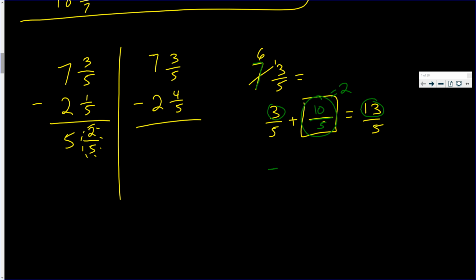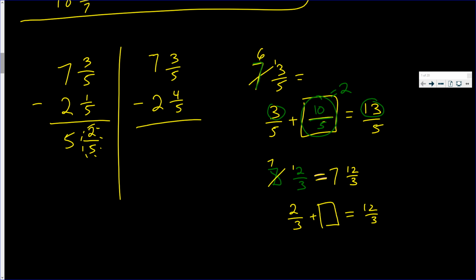If you have, I don't know, 7 or 8 and 2/3, and you want to borrow, so you make this a 7 and you make that a 12. This is 7 and 12/3. Well, if you have 2/3, what did you add to get 12 over 3?